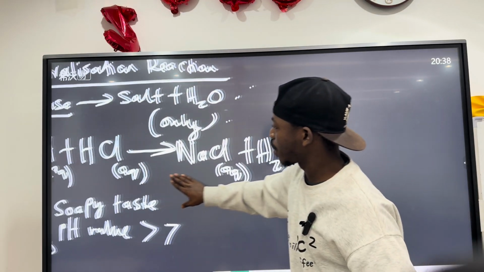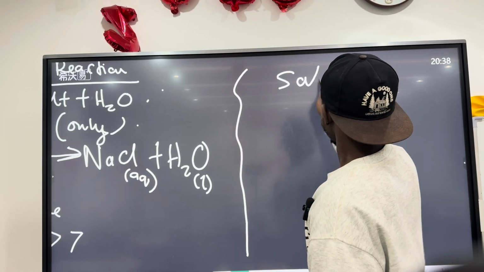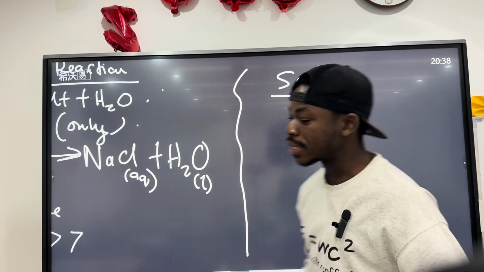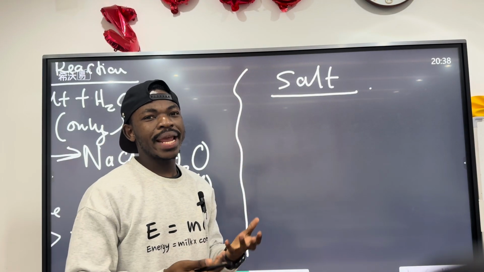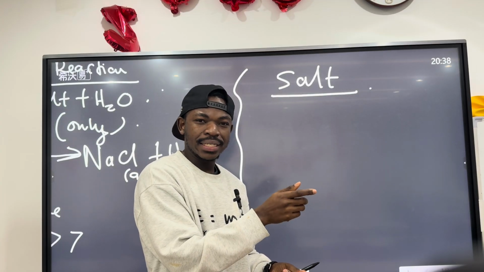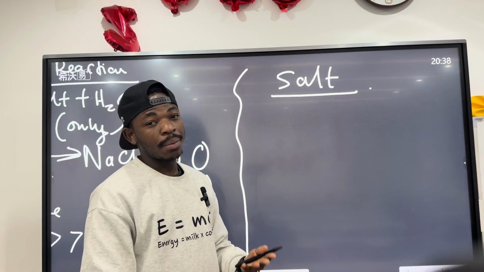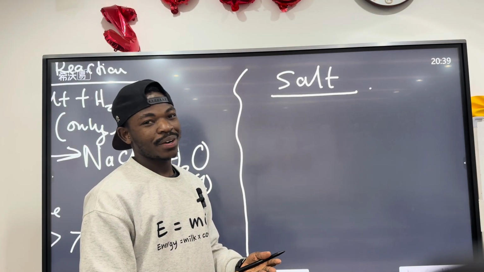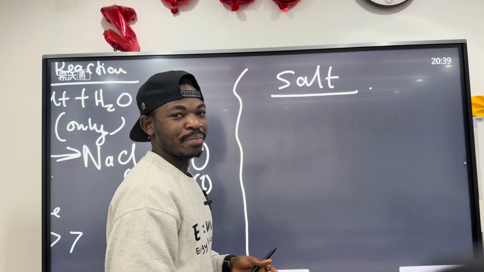Okay, so let me now give you a definition of a salt. What is a salt? A salt is simply a compound formed when the hydrogen ions of an acid are replaced by a metallic ion or ammonium ion. Let me give you an example, then you understand the definition better.